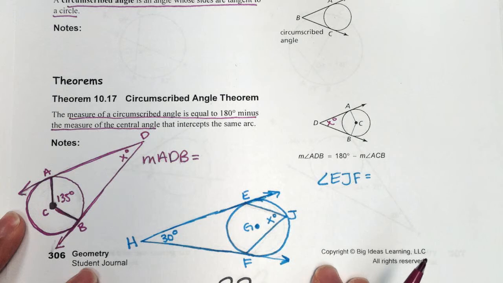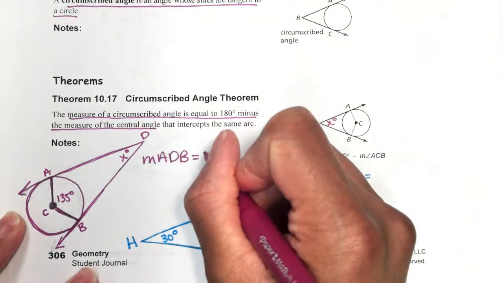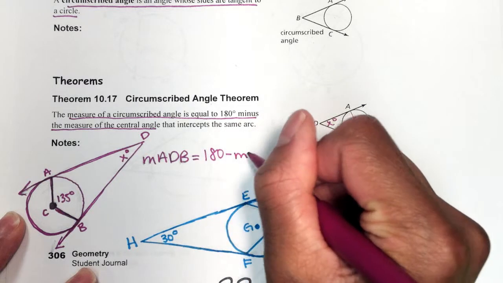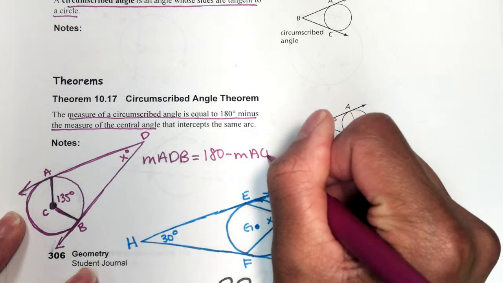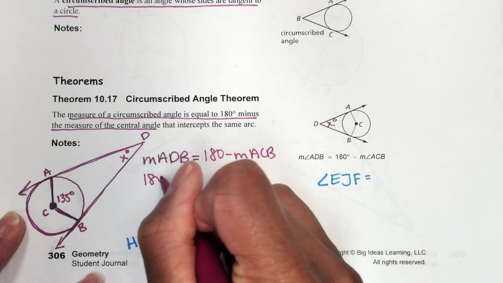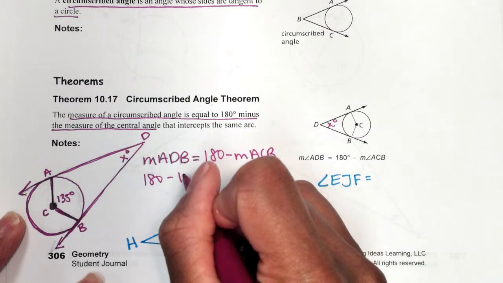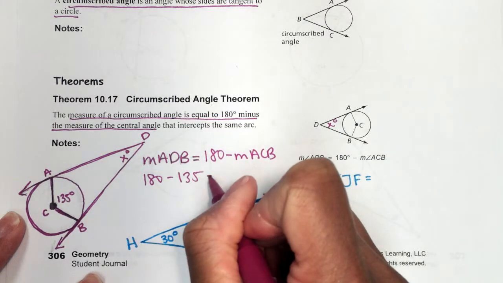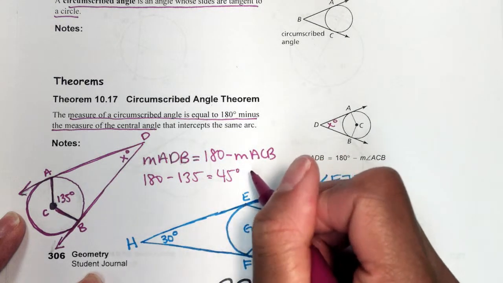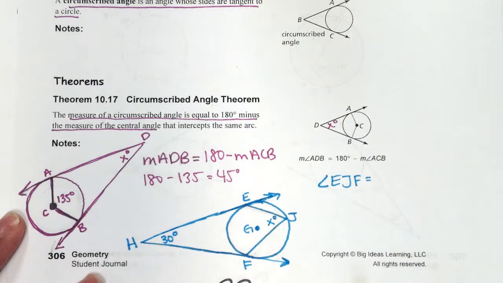I take 180 minus the measure of ACB, and ACB is 135, so I have 180 minus 135, and I get 45 degrees for X, or in this case, ADB.